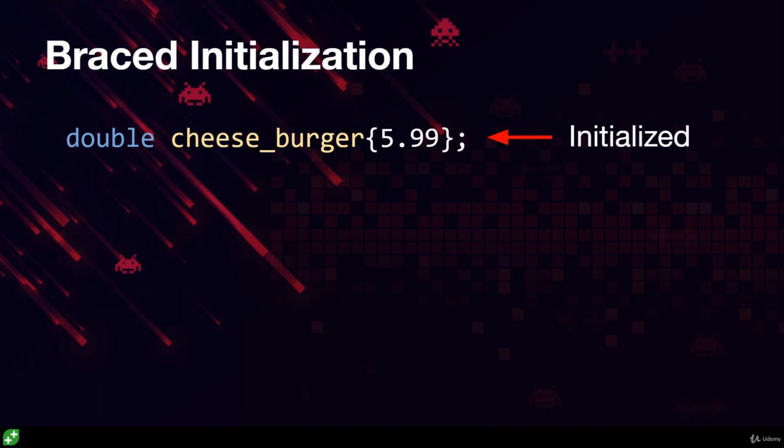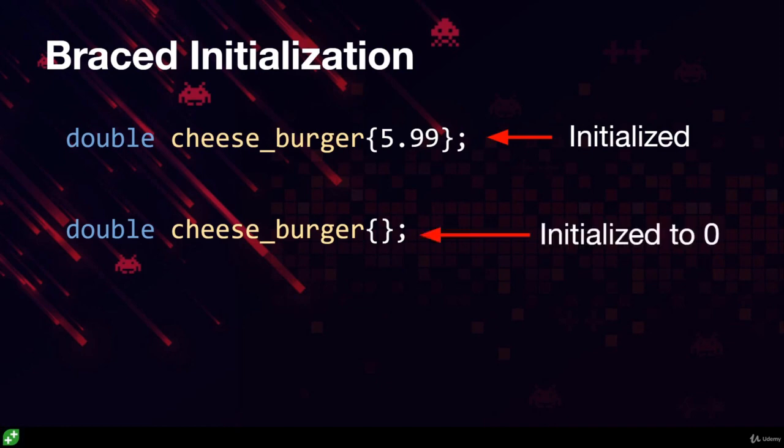We can also use braced initialization with empty curly braces. This still initializes cheeseburger. It gets a default value of 0. The integer and floating point types will be initialized to default values of 0 whenever we declare them using braced initialization like this.